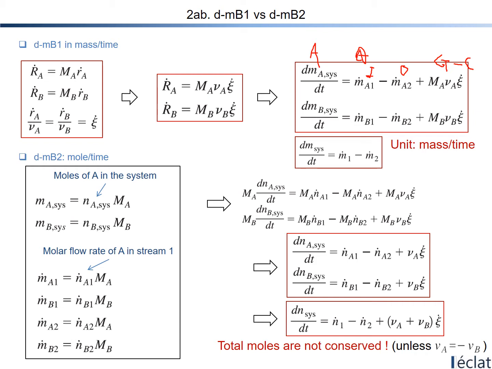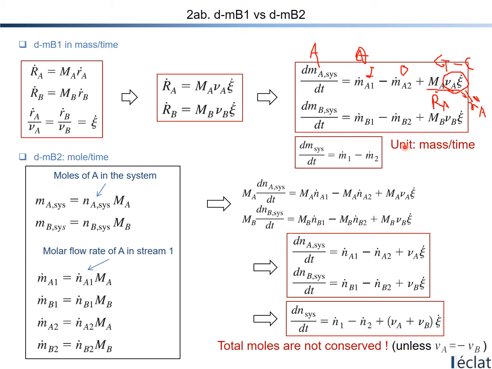So this is R dot A, the mass reaction rate of component A. And this is small r dot A, the molar reaction rate of component A. You should remember that the total mass balance equation has no generation minus consumption term.